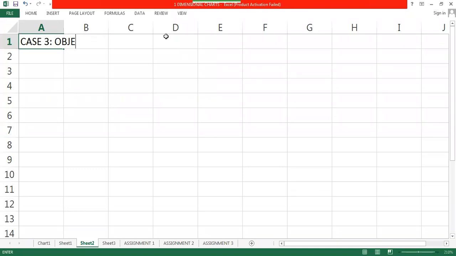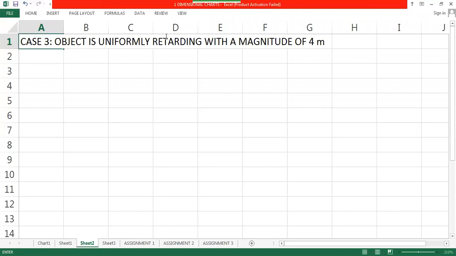Object is uniformly retarding with a magnitude of 4 meter per second square, having initial velocity of 20 meter per second.